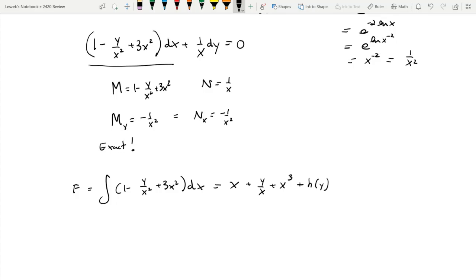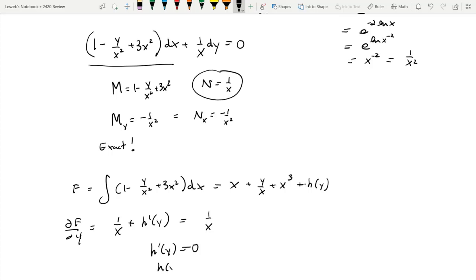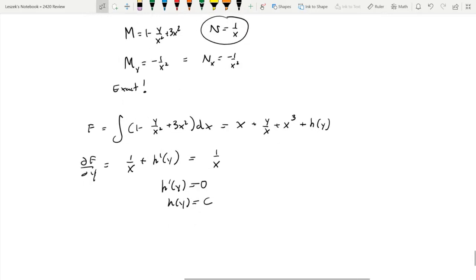All right, so next we differentiate this with respect to y because we know it should equal N. So we set that equal to N. 1 over x cancels on either side. So h of y is just some constant. You can just let that constant be 0 if you'd like.